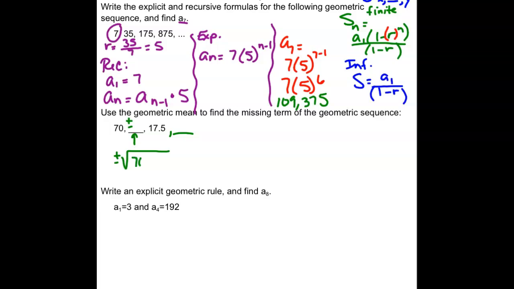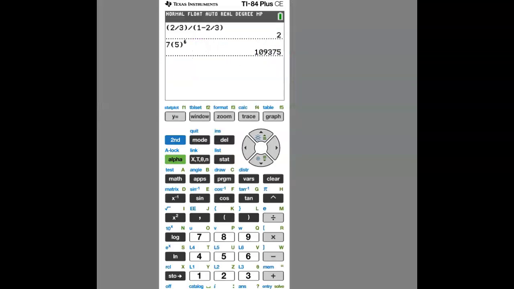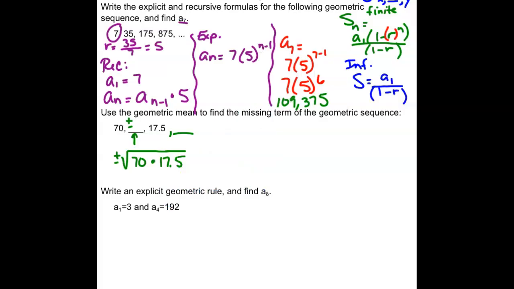We take 70, multiply it by 17.5, and then square root it. So we need the square root of 70 times 17.5, and we get 35. So our missing term could be positive or negative 35.